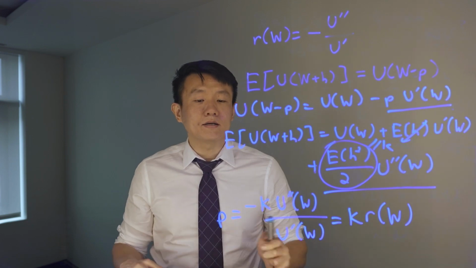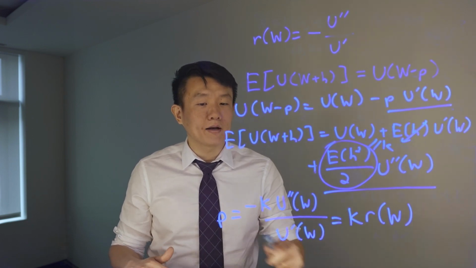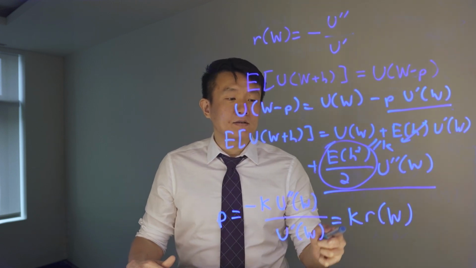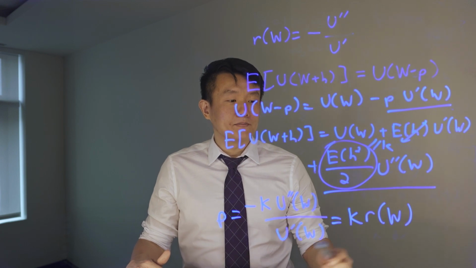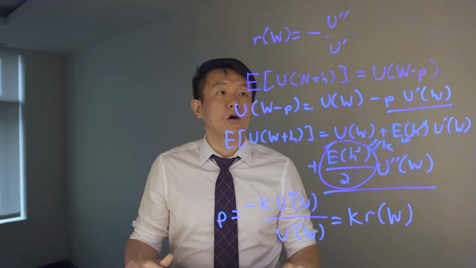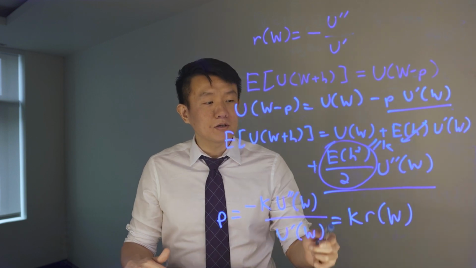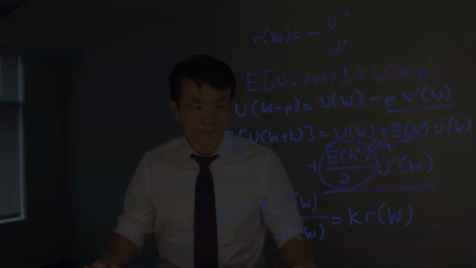So what we can see is that P, which is the amount that you would be willing to pay to avoid the bet, depends on K, which measures the variance of the bet, times R of W, which is your coefficient of risk aversion. So how much risk is there and how much do I not want the risk?